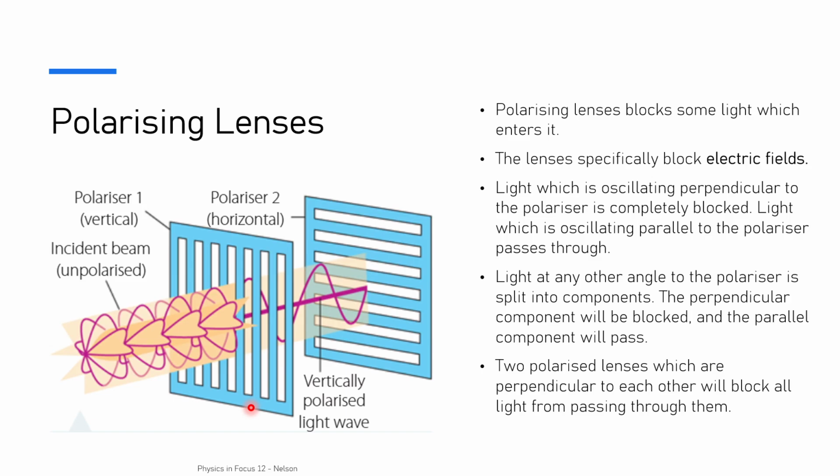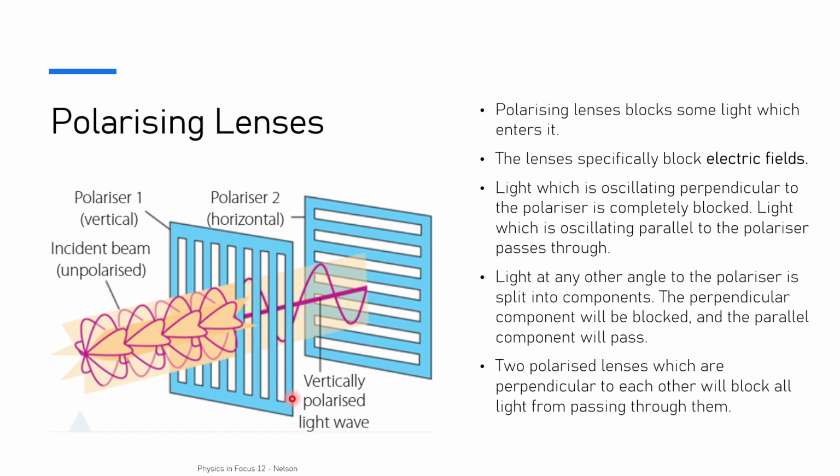The specific thing here that we need to focus on is that these polarizers will block the electric field of the light that's attempting to pass through it. So if I had some light that was moving horizontal like this, it's all going to get blocked by the lens itself.